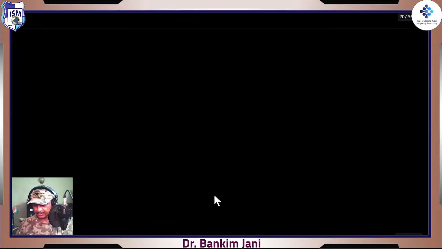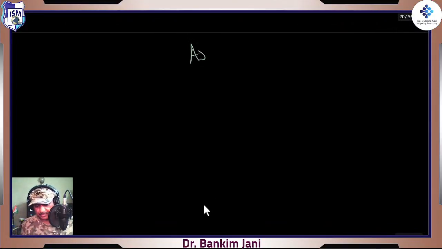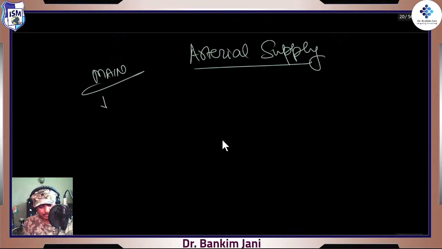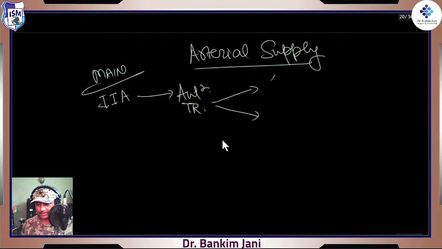So regarding the blood supply, it is pretty easy. That's the arterial supply. It starts from the internal iliac artery, so that's the main. From that it divides into anterior and posterior. Here is its anterior trunk, and immediately you will figure out, yes, we talked about it.